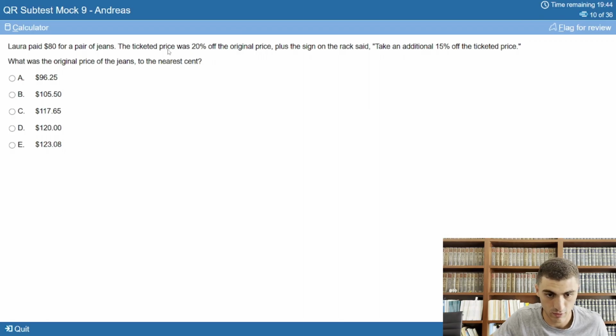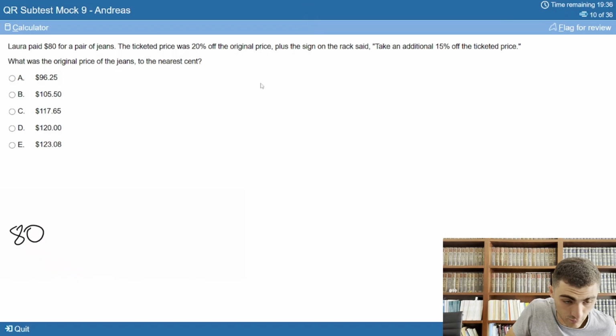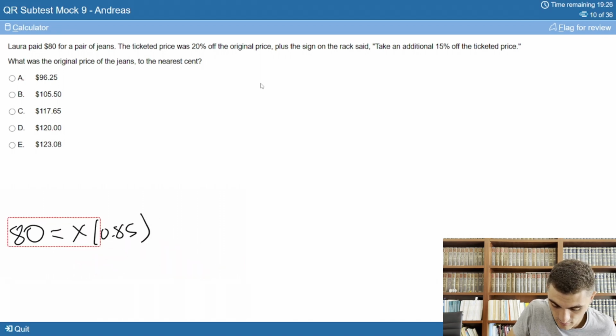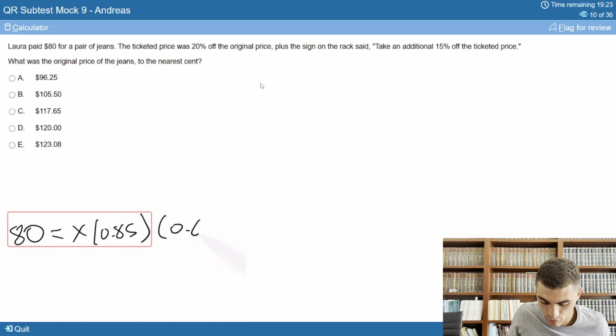So the price is 20% of the original price, but so let's say the final number we're looking for is 80, and this is the original price, so let's call it X, and you did 0.85 times that and 0.8.